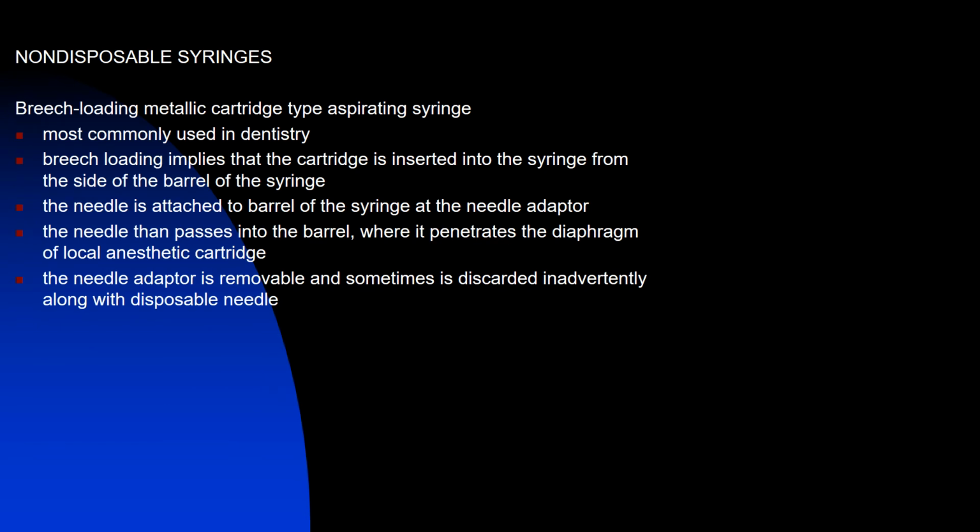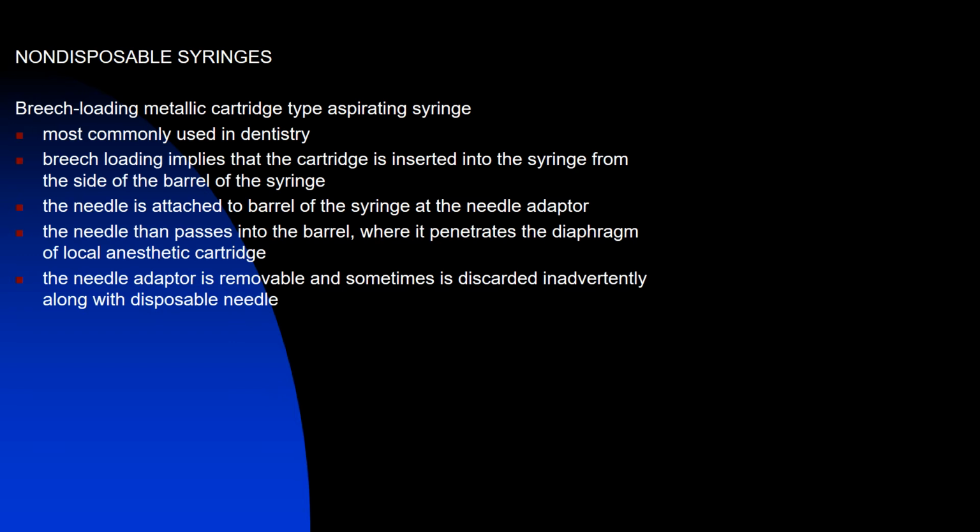The non-disposable syringes, that means the breech loading metal syringe, the aspirating syringe type, is the most commonly used in dentistry. Breech loading implies that the cartridge is inserted into the syringe from the side of the barrel. These are the things we commonly use in our department.